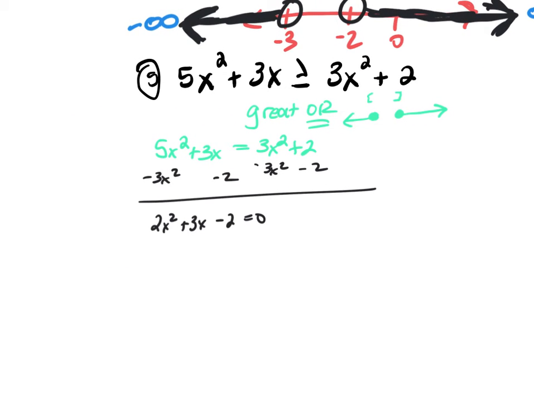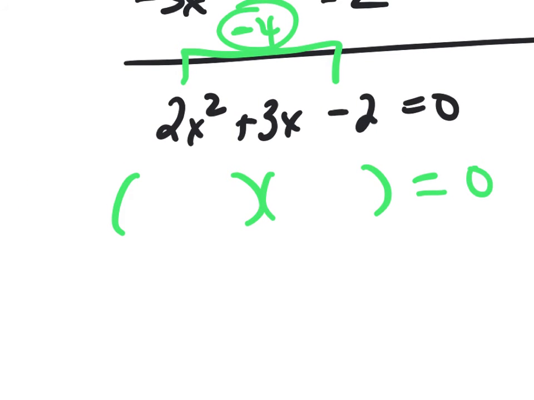You guys with me? Okay, so now we're just factoring. Factoring never goes away. What are the factors? I have to do a times c. What are the factors of negative 4 that multiply to give me negative 4, but add to give me 3? 1 and 4. Good. So x plus 4, x minus 1, because I want a positive 3 when I add.